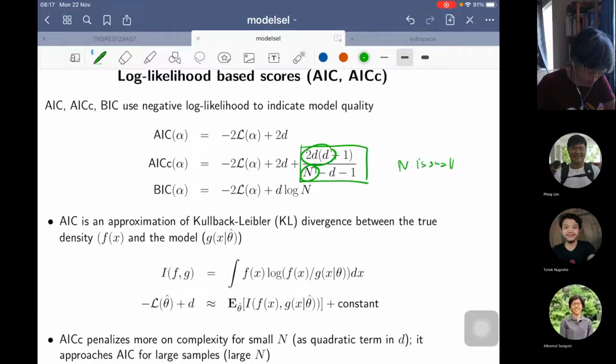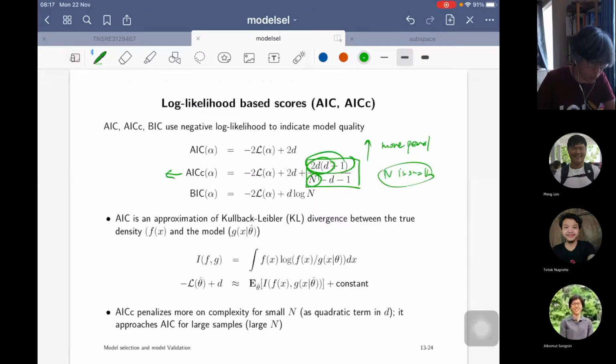When the denominator is small, you have a numerator that is a quadratic function in D, so this term gives more penalty on the model complexity. In the small sample scenario, it is clear that between AIC and AICc, AICc will prefer a simpler model in comparison to AIC.